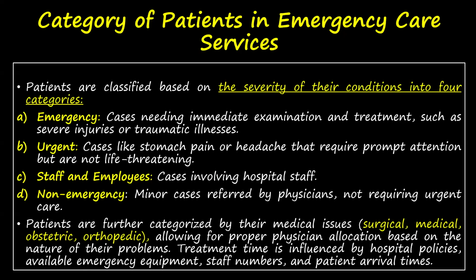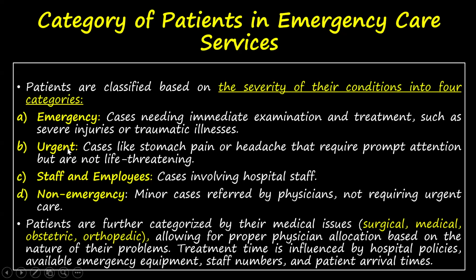Number 1, we have emergency cases: cases needing immediate examination and treatment, such as severe injuries or traumatic illnesses. So immediately after the accident, there are cases that are emergent. We need to deal with them.